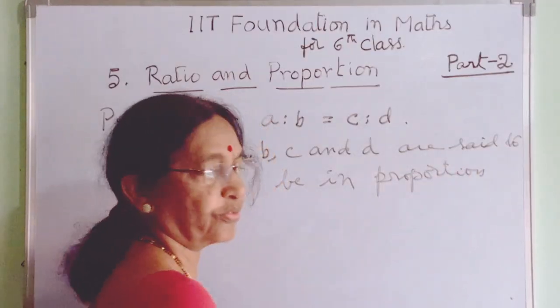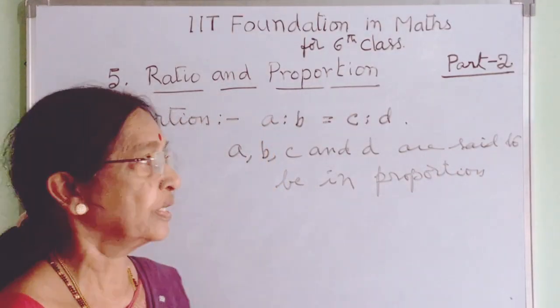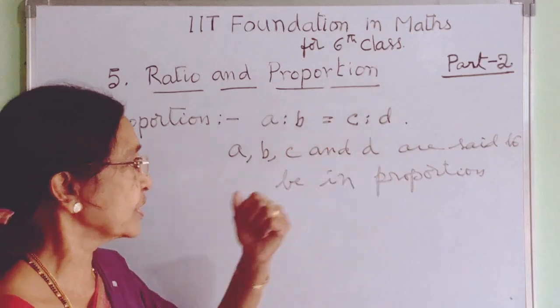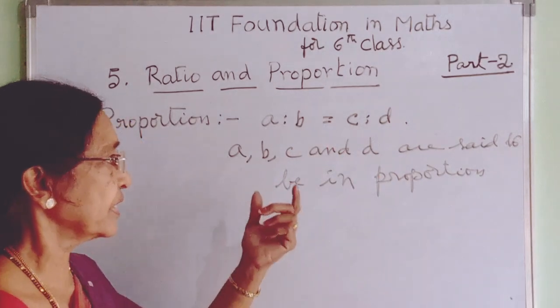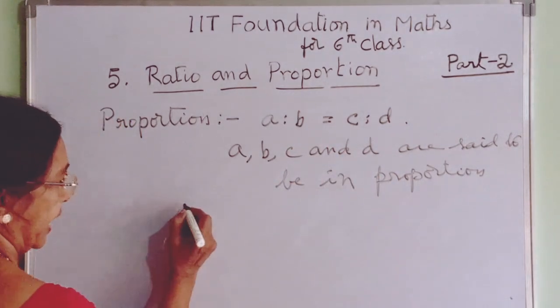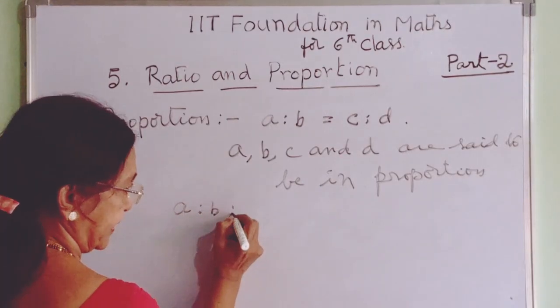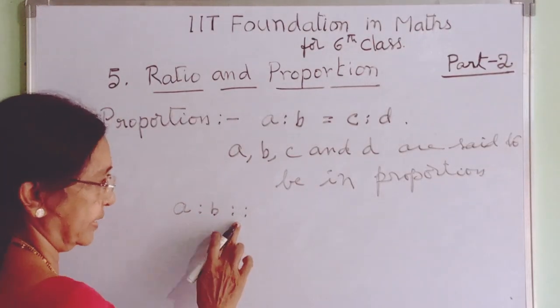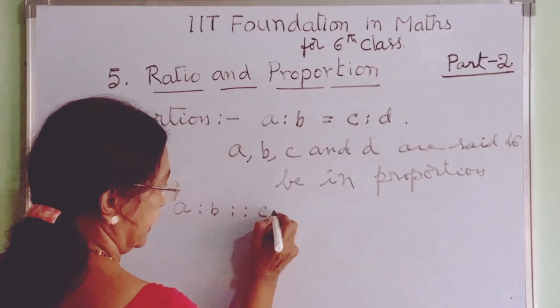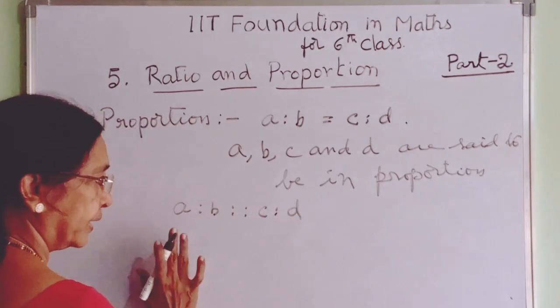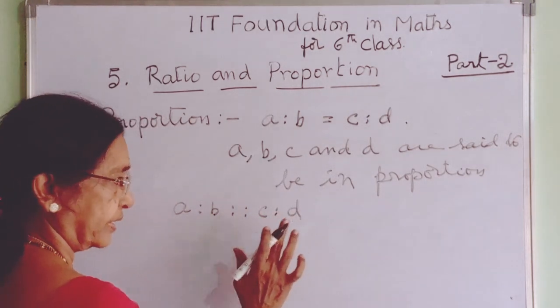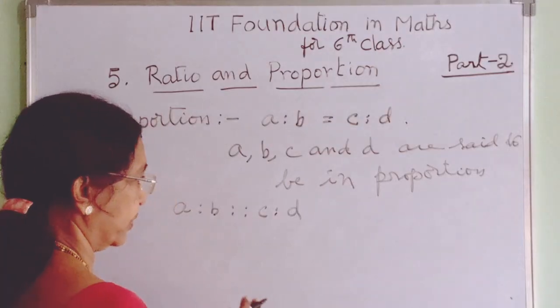So the equality of two ratios is called proportion. If A is to B is equal to C is to D, then A, B, C and D are said to be in proportion, and they are written as A is to B as C is to D. A, B, C and D are called the terms of the proportion.